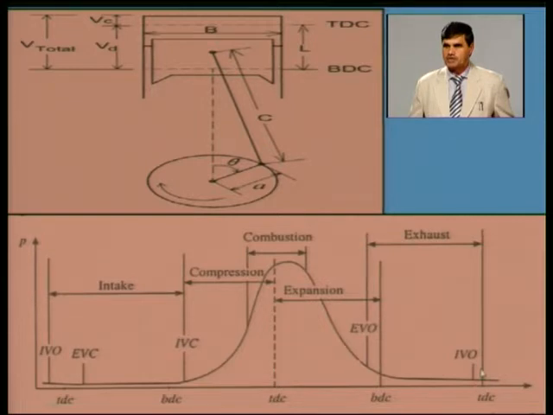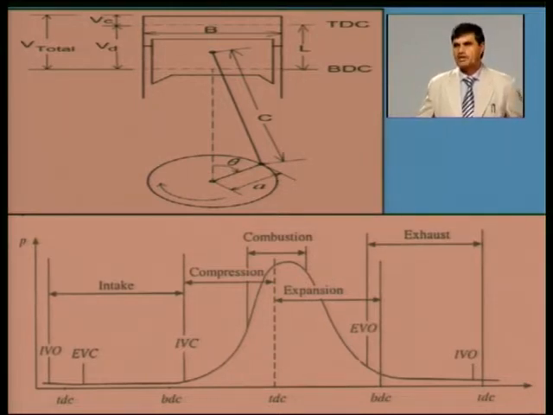Before completion of the exhaust stroke, before the piston reaches top dead center, we have started to open the inlet valve, and the exhaust valve will be closed. So this cycle will be completed like this, from the start of suction to the end of exhaust, with the crankshaft rotating by 720 degrees.